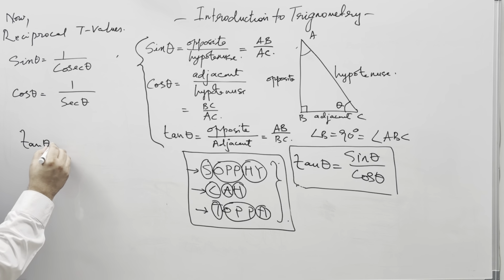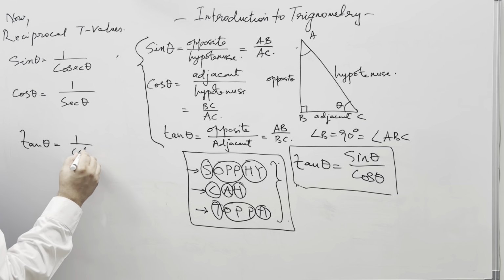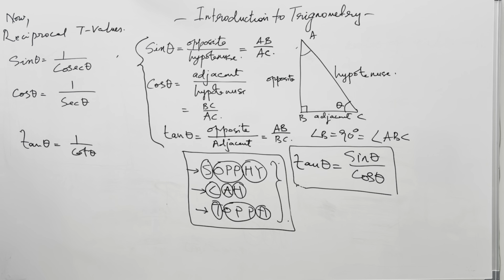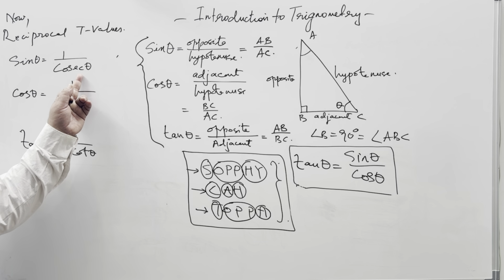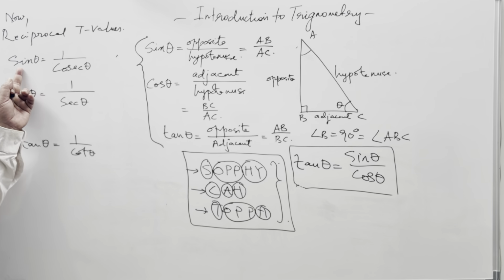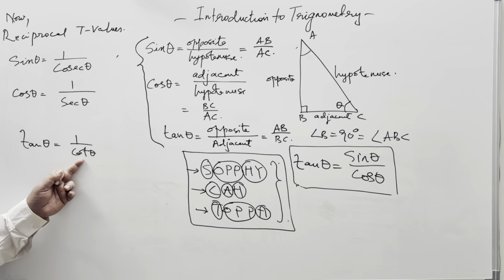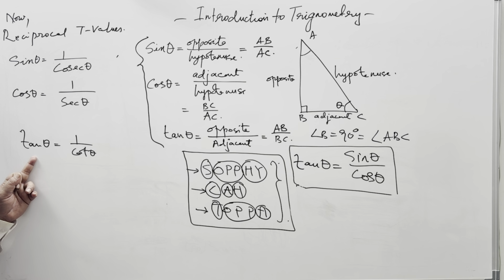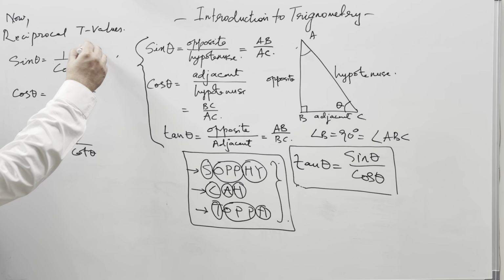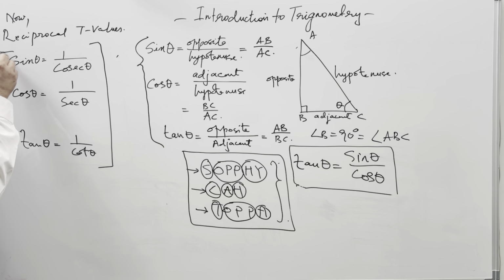And tan theta is equal to 1 by cot theta. So cosec theta is the reciprocal of sine theta. Sec theta is the reciprocal of cos theta. And cot theta is the reciprocal of tan theta. So this is again very important. You need to remember, because there will be several numericals based on this in the examination.